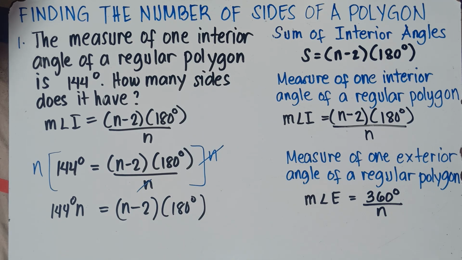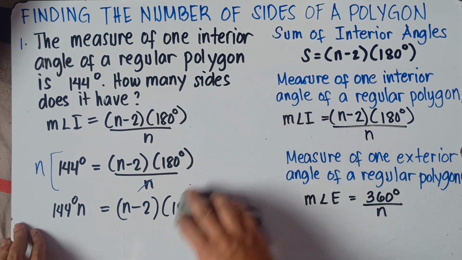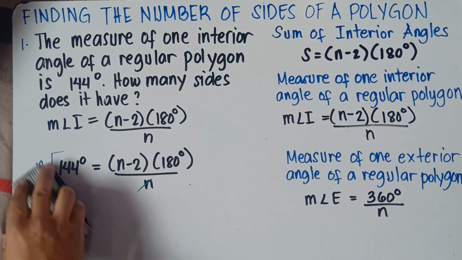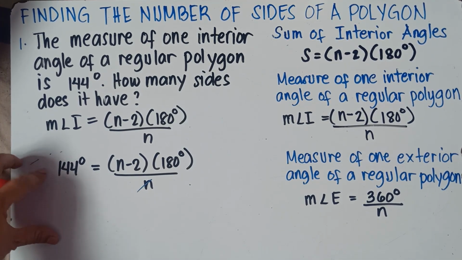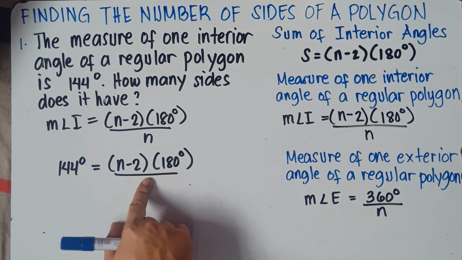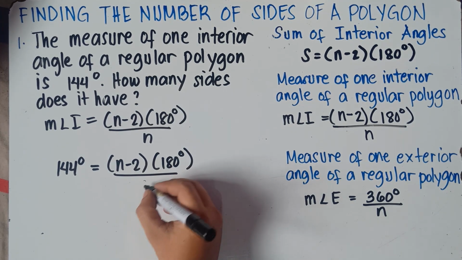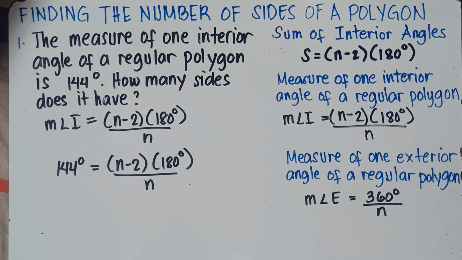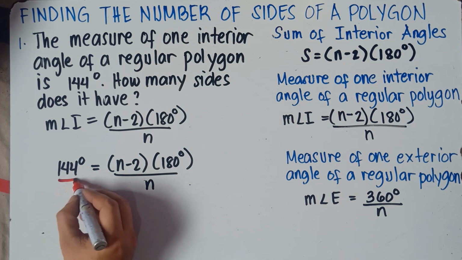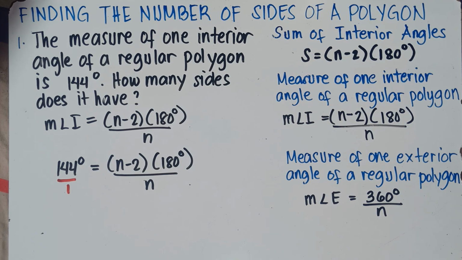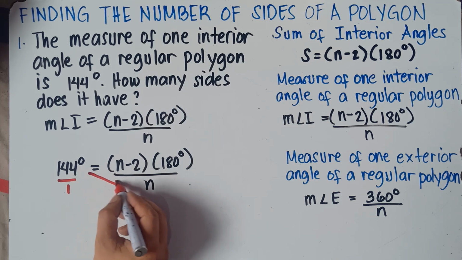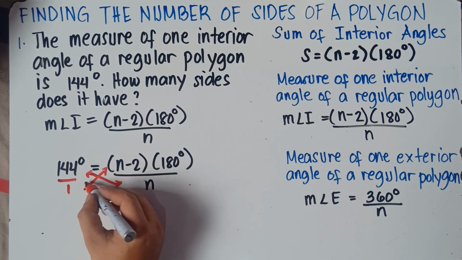Now the second solution, class, if you're confused with these properties of equality, we can just do cross multiplication. Once again, this is n here. Understand that there's a 1 here, because for every whole number, any number, class, there is a denominator of 1. We can just cross multiply.